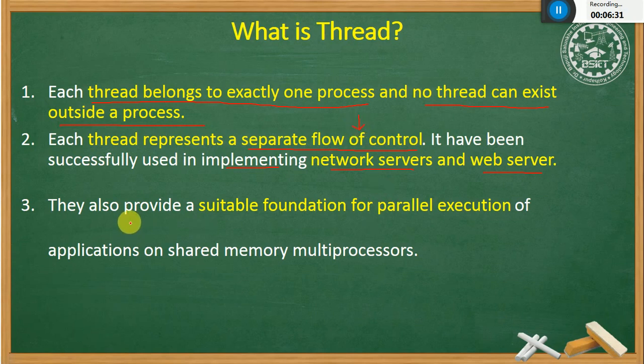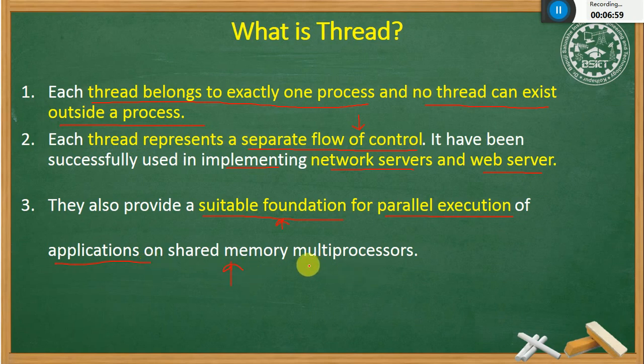Next feature about the thread is that a thread provides a suitable foundation, or a base, for parallel execution. Threading is a base of parallel execution because multiple threads can be executed at a time using the application or shared memory concept.